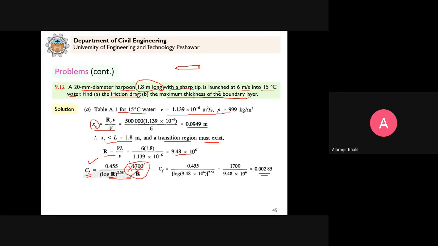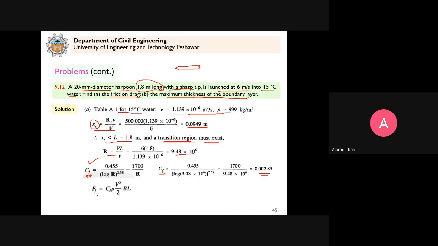So in such problems you can calculate CF for the transition region or for turbulent conditions, and you will get approximately the same answer. But if we want to be accurate, then we use this equation to calculate CF. Clear?